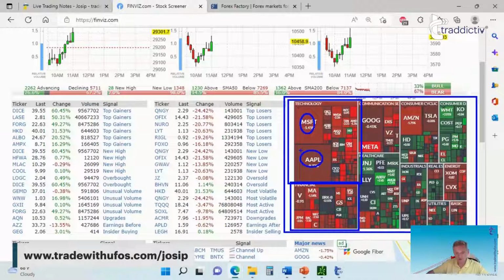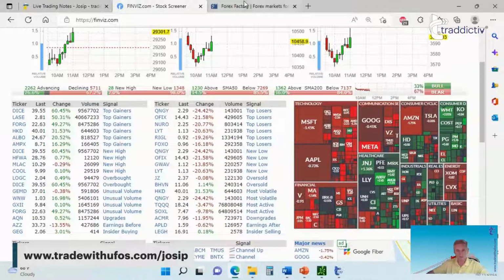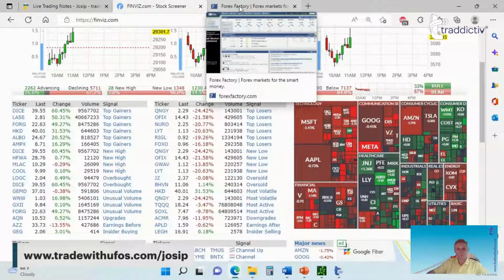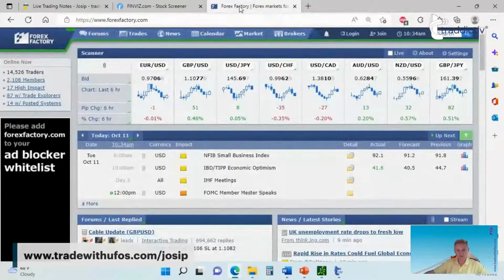But before I do that, I have also opened up the workspace here, Forex Factory, because it's very important for me to show you what is happening today in terms of the economic announcements. When you click this particular icon right here, which represents the little panel, be aware that you can alter what you want to look at here.